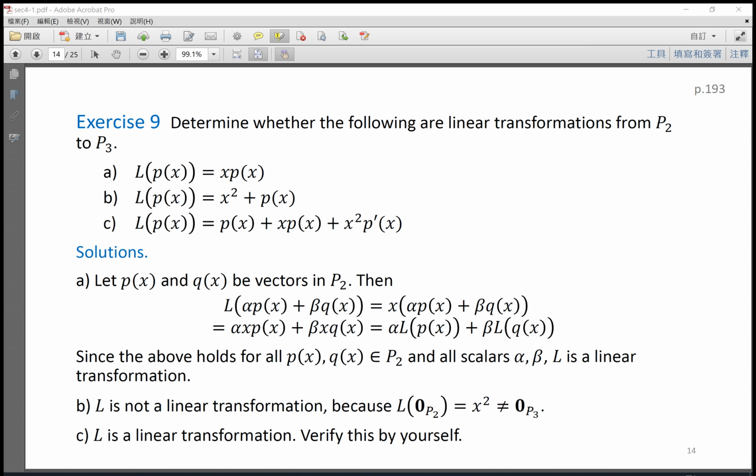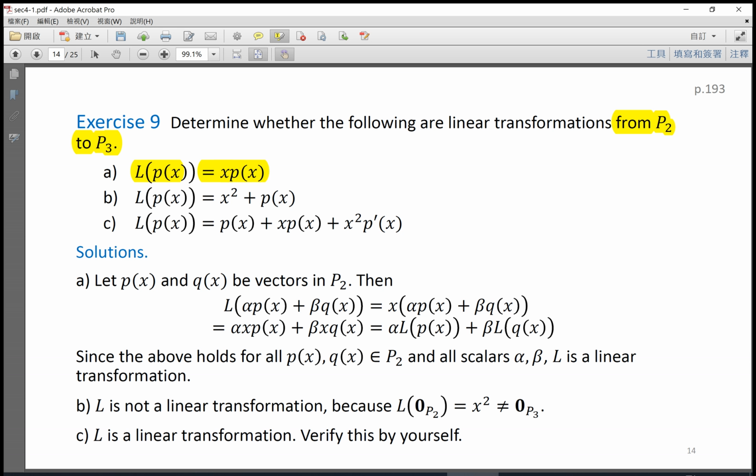Exercise 9 considers mappings from P2 to P3. That is, the input of the mapping is a polynomial in P2, while the output of the mapping is a polynomial in P3. In case A, L of P of x is defined as x times P of x.